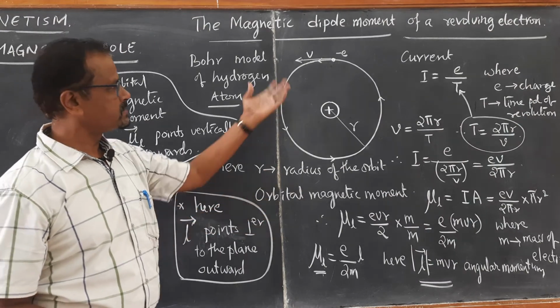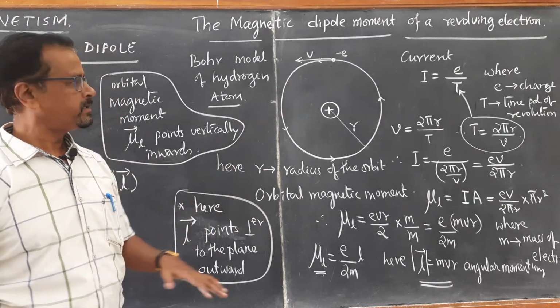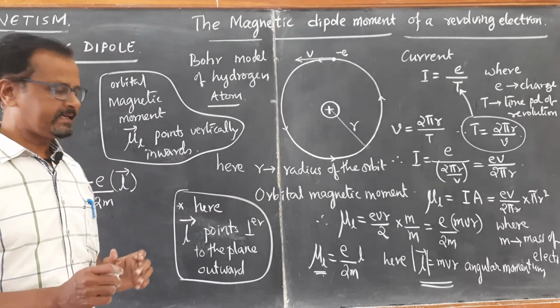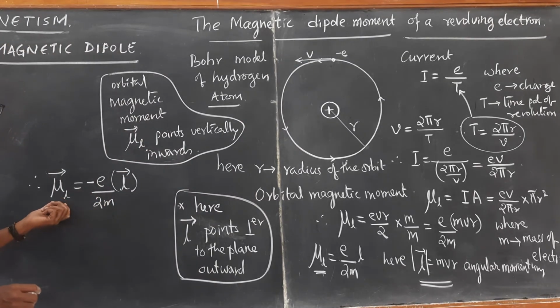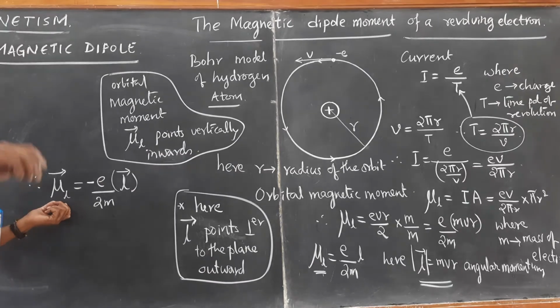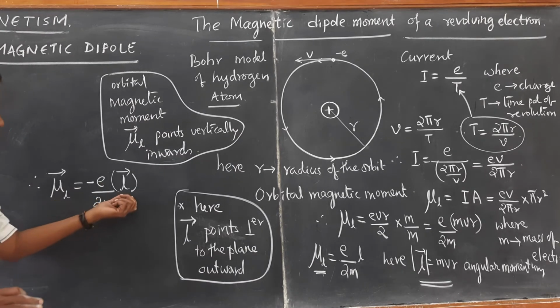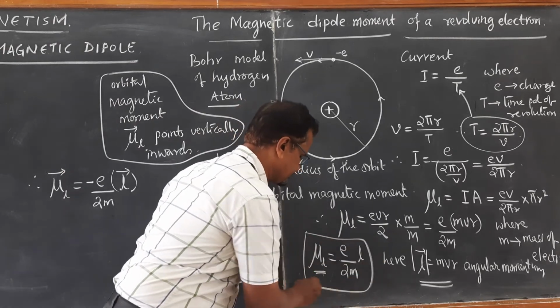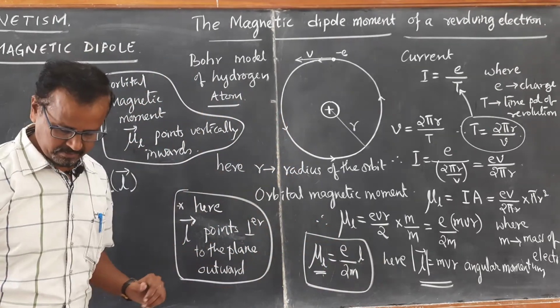If it were the same amount of positively charged particle revolving in the anticlockwise sense, then the orbital magnetic moment and its angular momentum would both be in the same direction. That is evident from this equation.